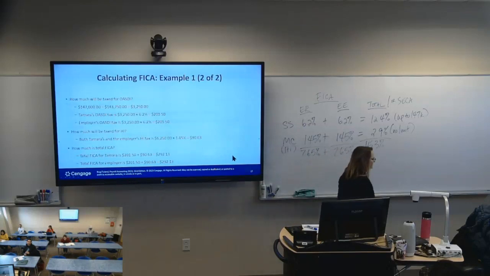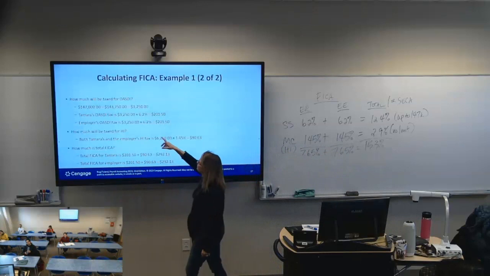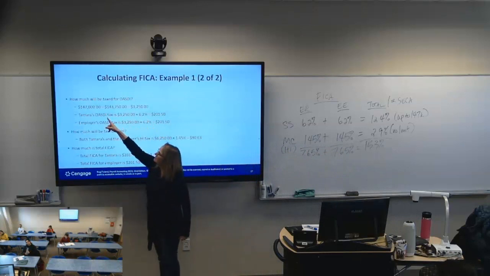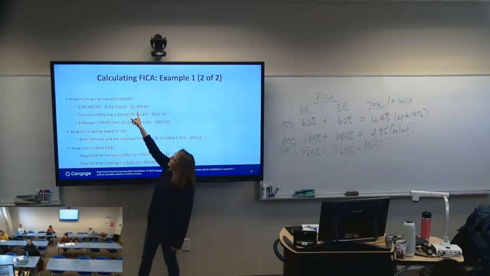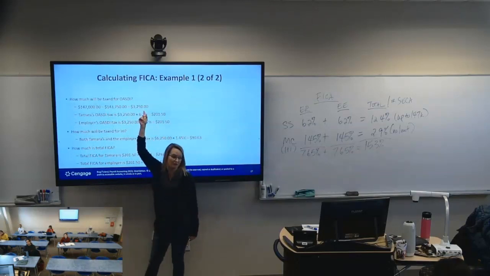Okay, so how much is going to be taxed for Social Security? All right, so as of the last pay period, she had another $3,250 that would be subject to Social Security tax. That's the amount in this pay period that is going to be subject to Social Security tax.